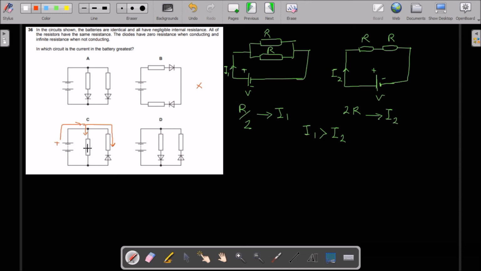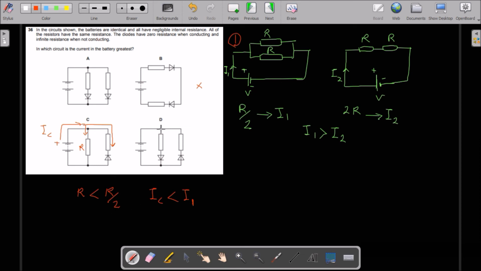So that's why we have only one R. So R is less than R over 2 for the first circuit. That's why current, which is for example IC, will be less than I for circuit 1. Okay.